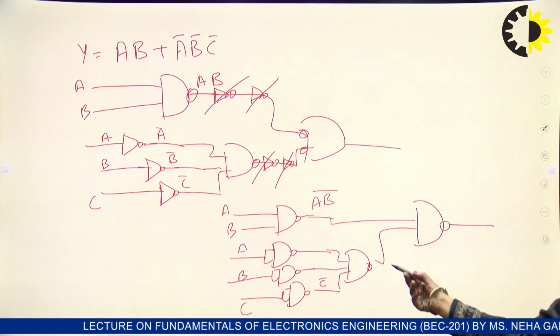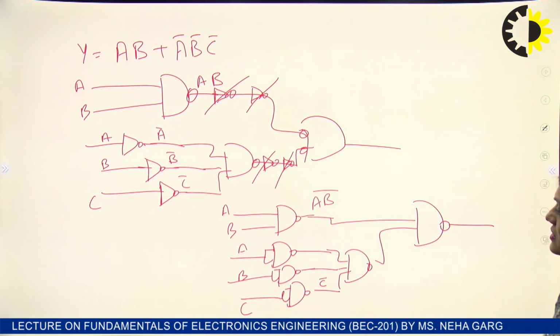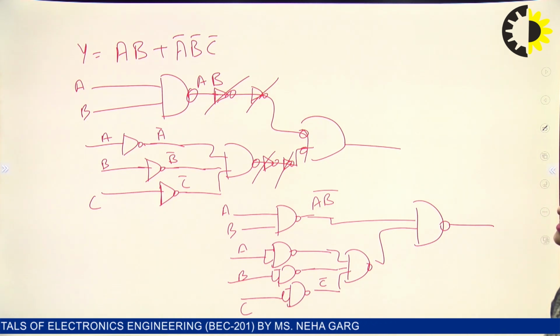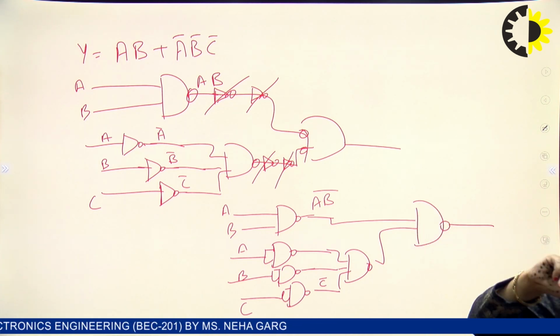Okay, so we can see here the number of NAND gates total are 5. Sorry, 6 NAND gates are there. So by using 6 NAND gates, we can design this expression.